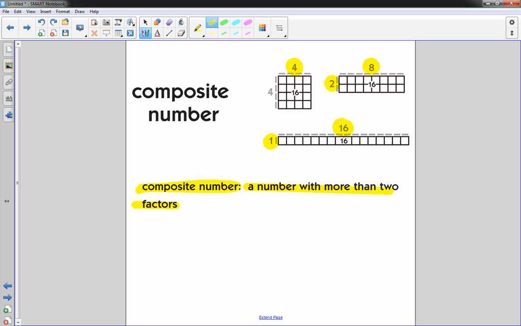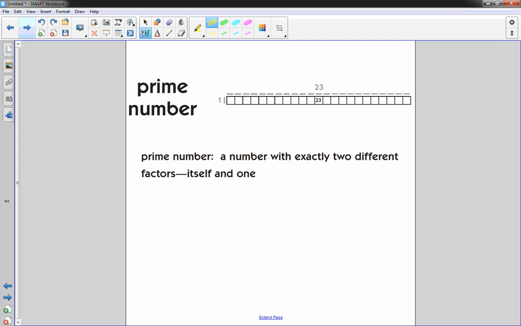Moving right along, a prime number. Prime numbers are really interesting numbers in math because a prime number is a number with exactly 2 different factors, itself and the number 1.